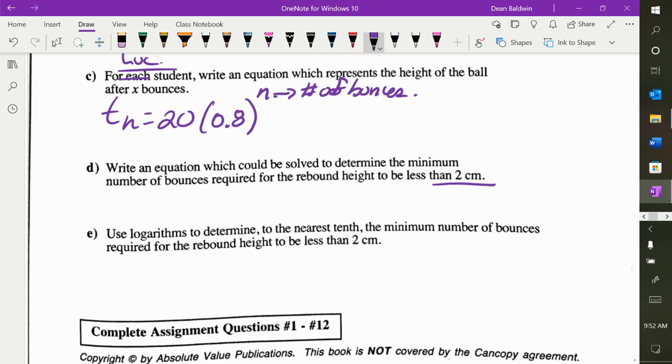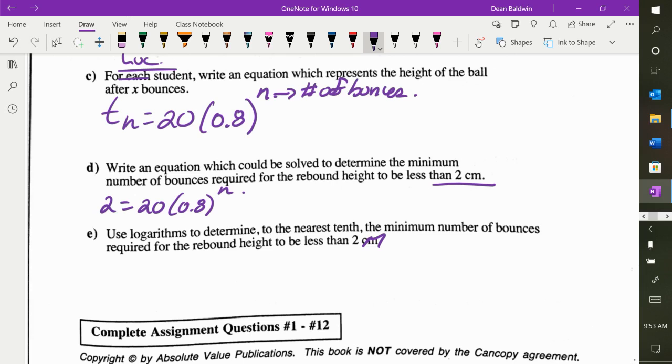Okay. So here's our question. We want to solve this. I want to know, when is it 2? You're saying centimeters or meters?